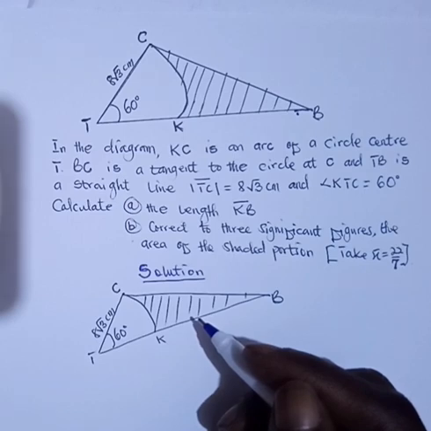TC is equal to 8 root 3 centimeters, and angle KTC is equal to 60 degrees. We are to calculate the length of KB and also find the shaded portion, and then we correct our answer to 3 significant figures.